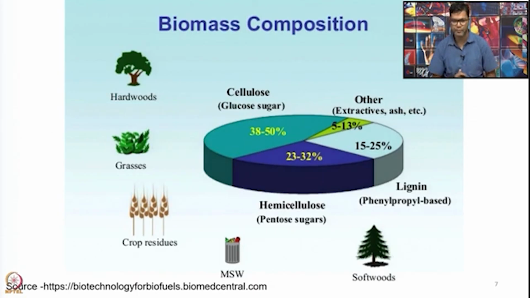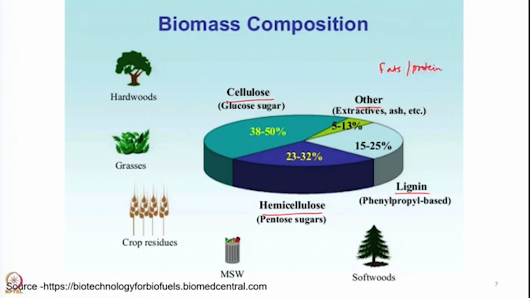Many of these processes are actually very selective in nature. When we look into typical woody biomass, cellulose, hemicellulose and lignin are the major components, and the rest makes up around 5 to 13%. Fats and proteins also matter, but very specifically.